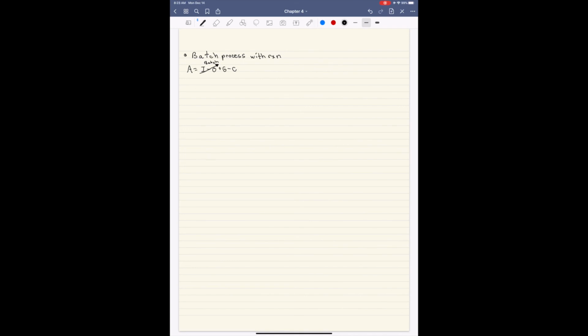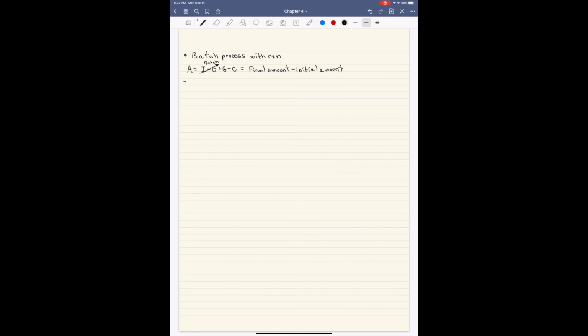All right? And so we could take our material balance equation, where we have A is equal to G minus C, and we could say that's equal to a final amount minus an initial amount. Okay?